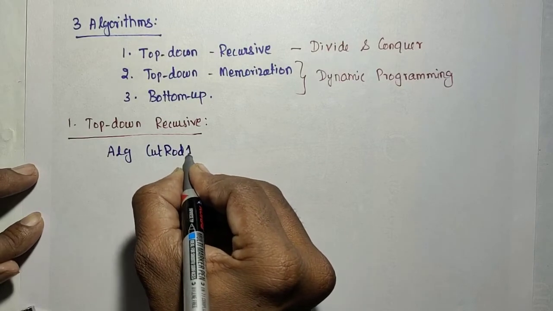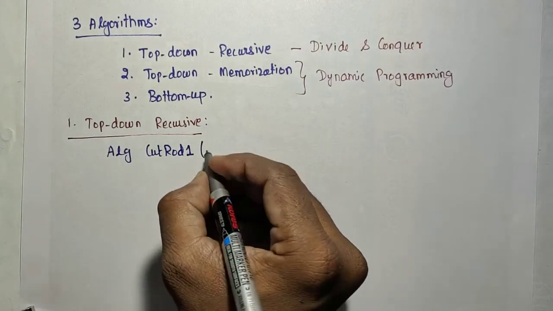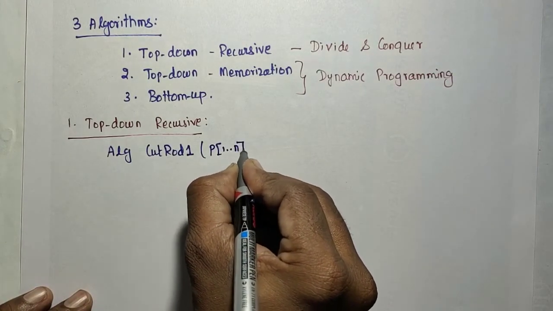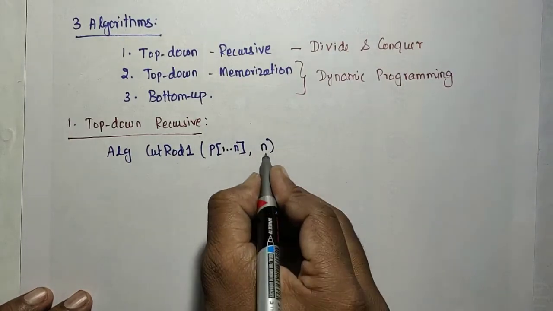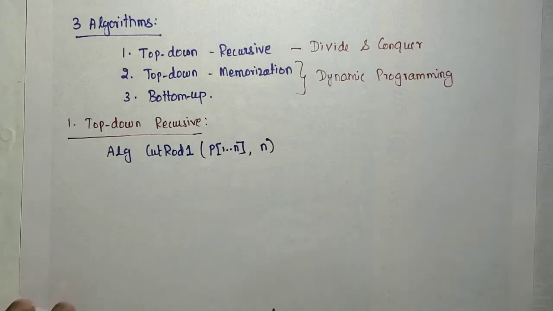Cut rod algorithm 1, okay, the input is P1 to n, comma n, where n is the size and the array starts from 1 to n. What is the logic for this?